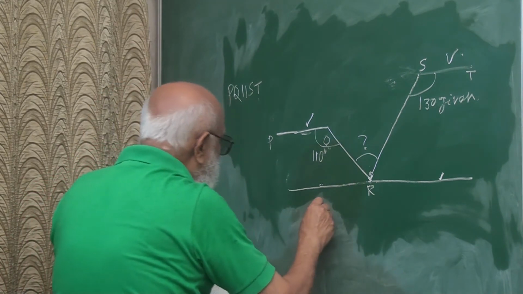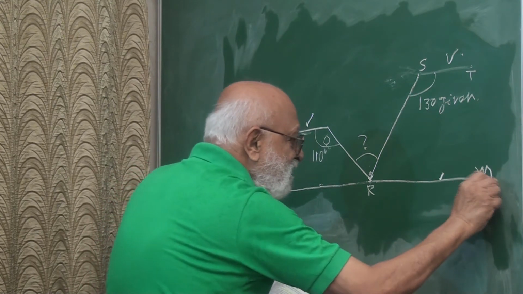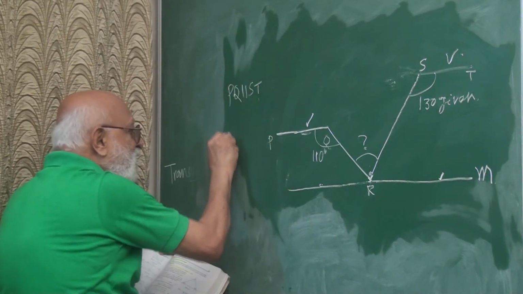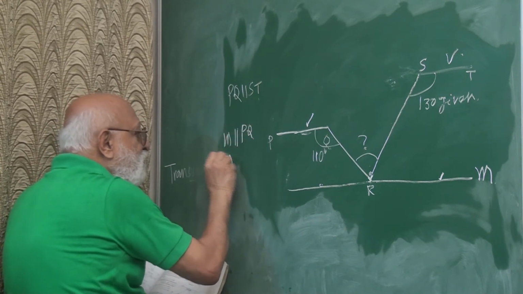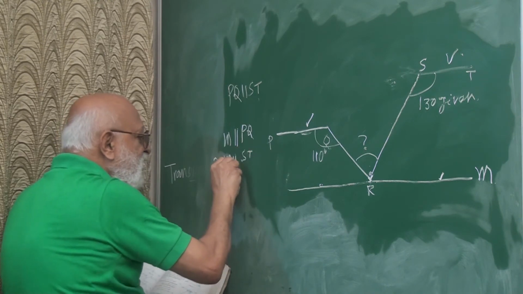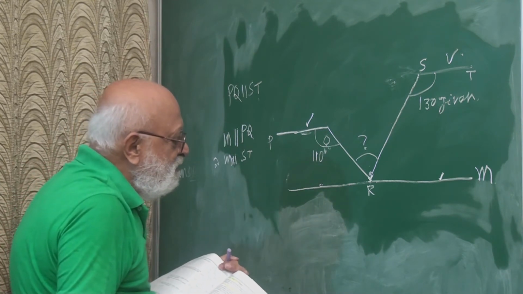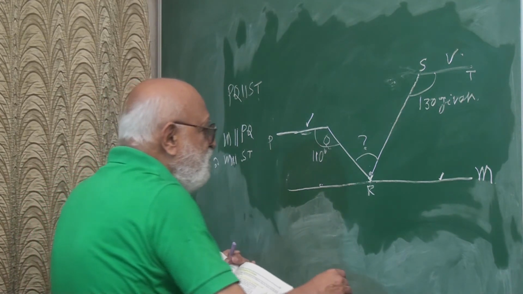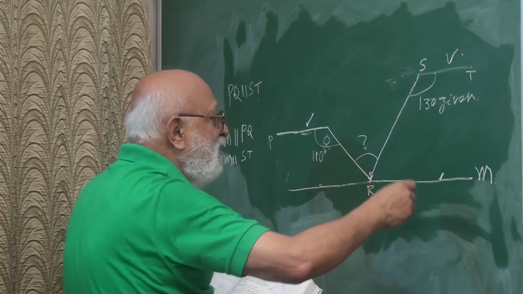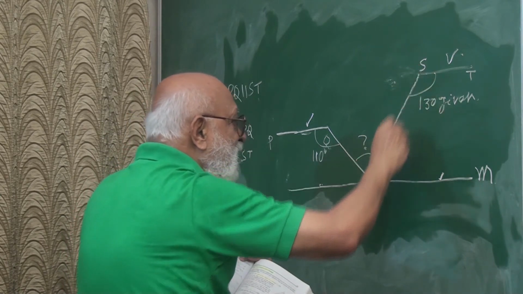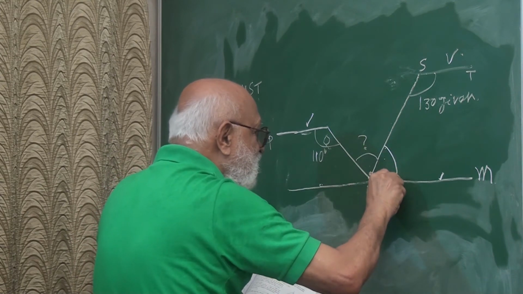Because I will name this line M. Because M is parallel to PQ, therefore M is also parallel to ST. So if I have a transversal cutting it here, and this is also given, I can find out this angle.